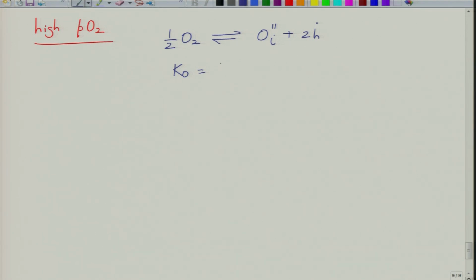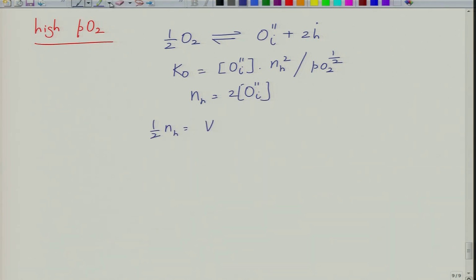Now, this is an oxidizing reaction, and accordingly you can write the constant divided by PO2 to the power half, NH being equal to 2 OI. You can write half of NH being equal to OI, which is going to be equal to KO divided by 4 to the power 1 by 3.